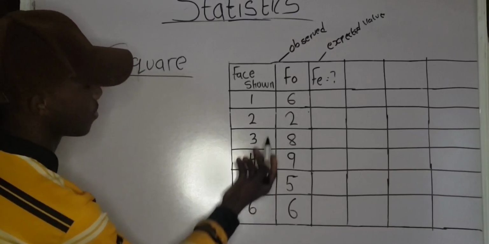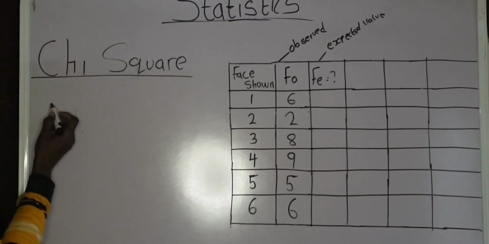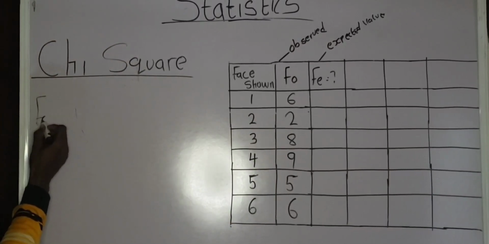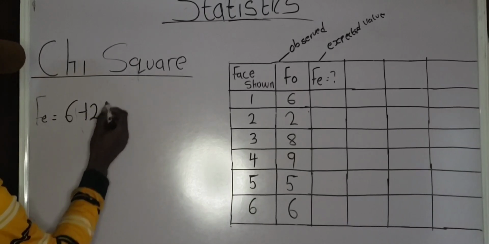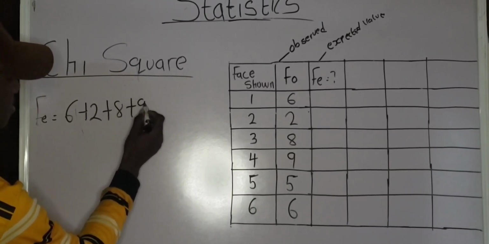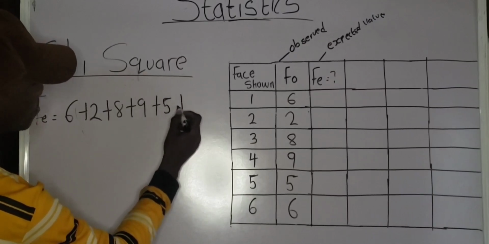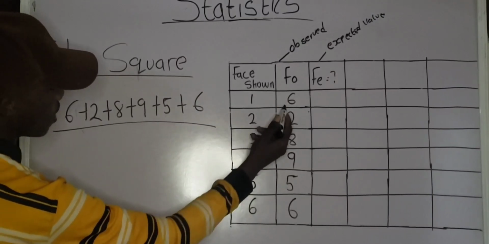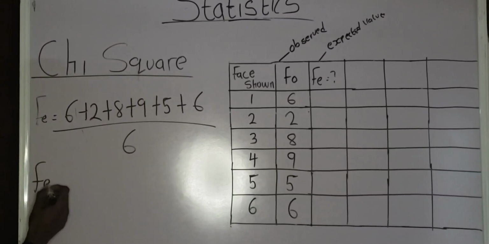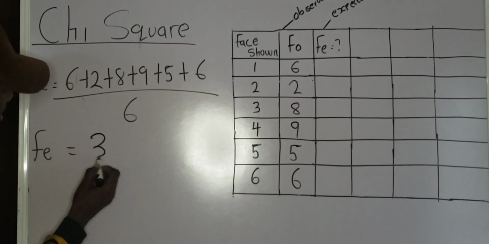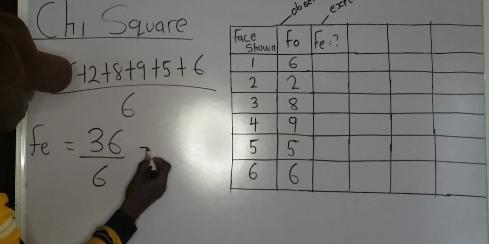For example, FE will be equal to 6 plus 2 plus 8 plus 9 plus 5 plus 6, all over 6. So the expected value is equal to 36 divided by 6, which is equal to 6.